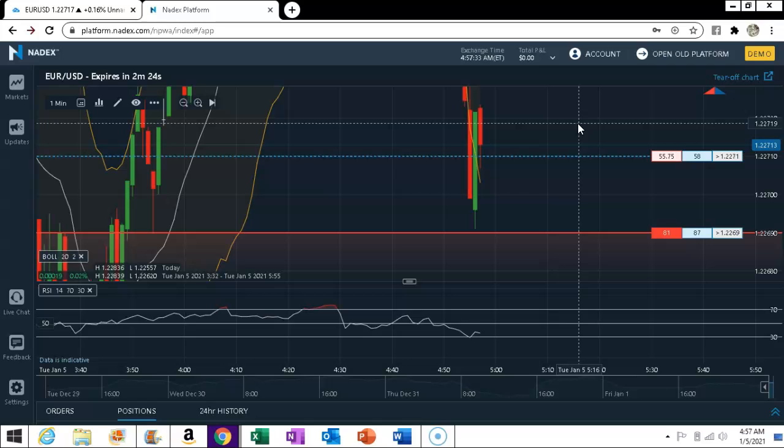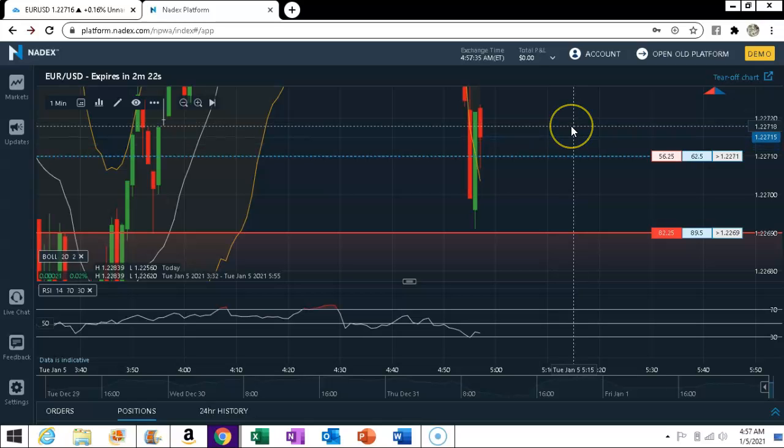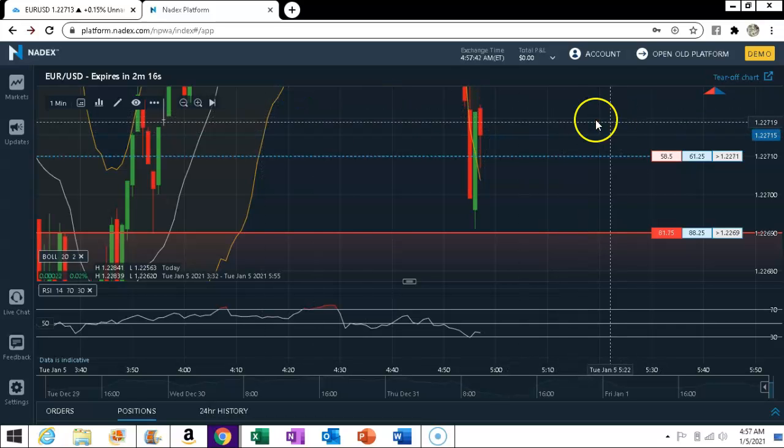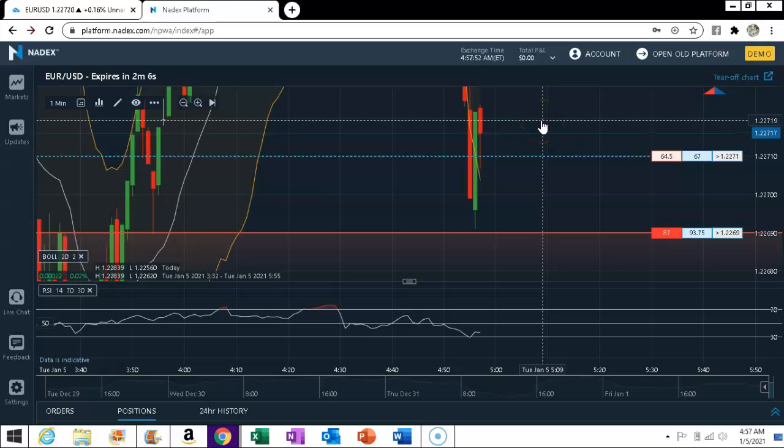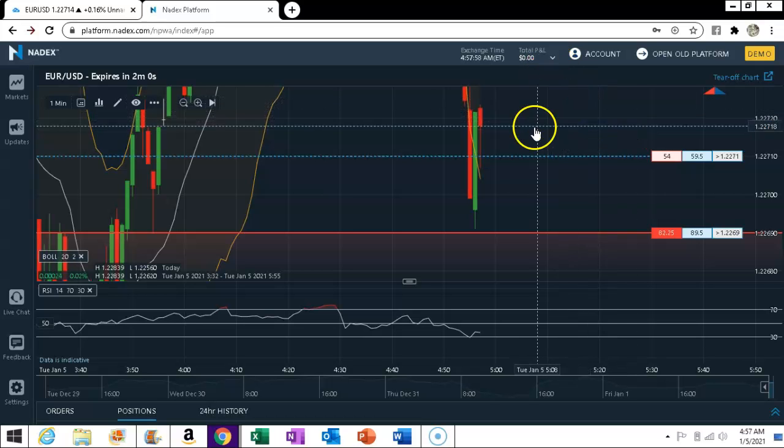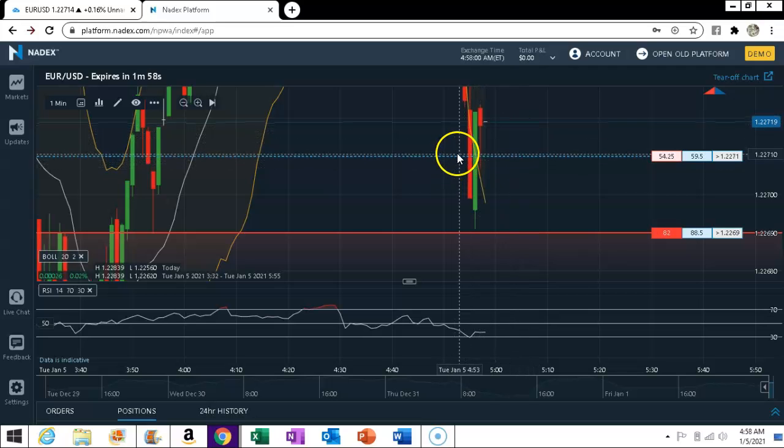If I want to do this by the hour, since I just started within the hour, because it's already 4:57, within the hour I've made $27, but I did lose one trade. I forgot. Yeah, I lost one trade in the beginning.